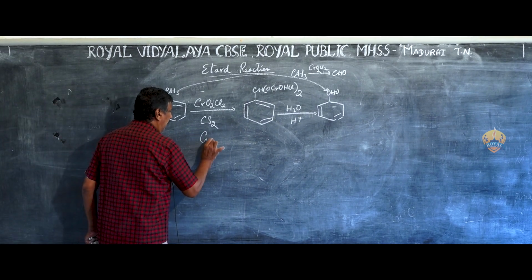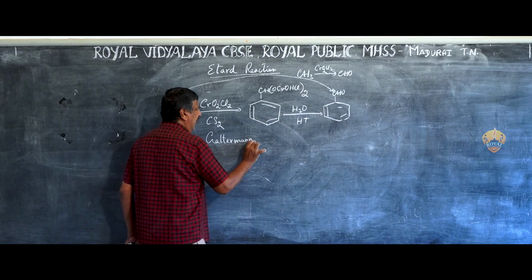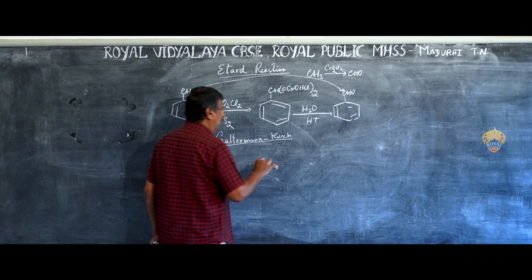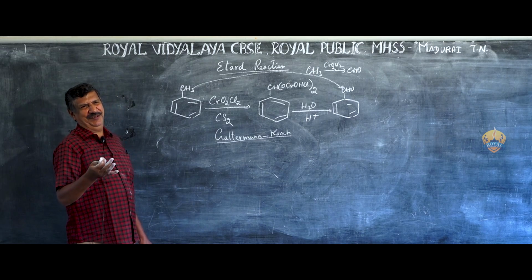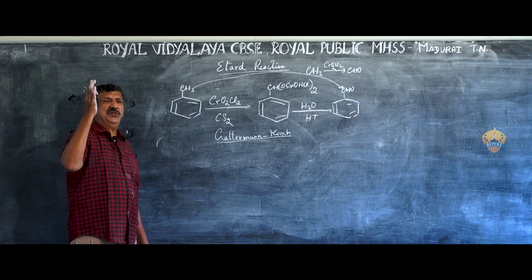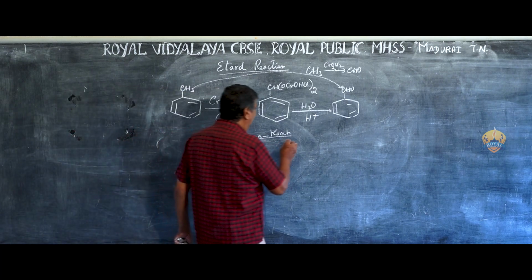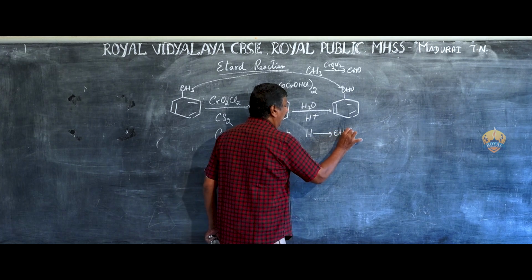Next one, Gattermann-Koch reaction. Gattermann is entirely different from Gattermann-Koch. Gattermann comes under benzene diazonium chloride. So, what does he find out? He converts H into aldehyde.